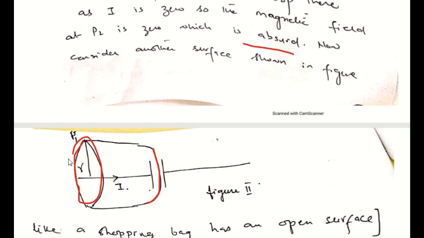This is how you have placed the shopping bag with the capacitor and the wire carrying current in it. So now we have to find again the magnetic field through this closed loop and this open area over here.